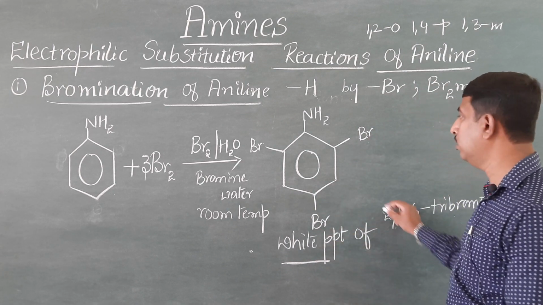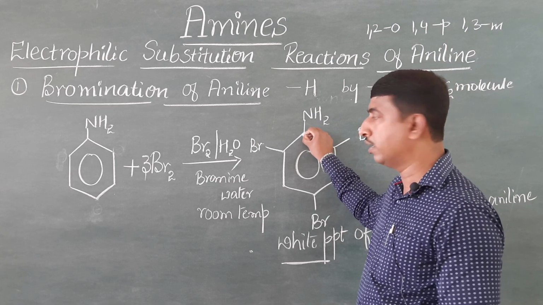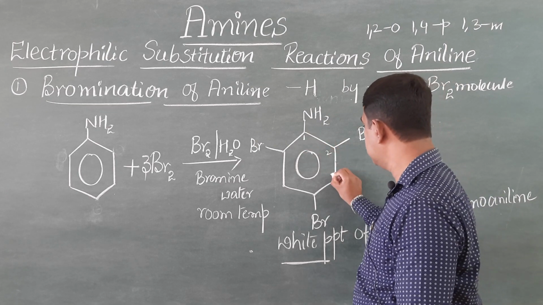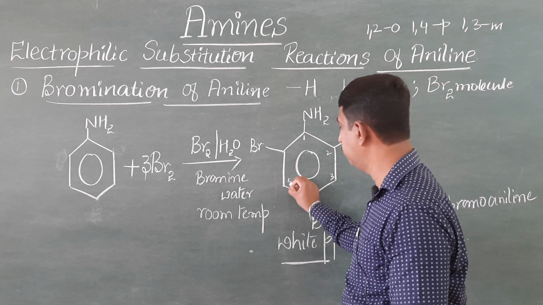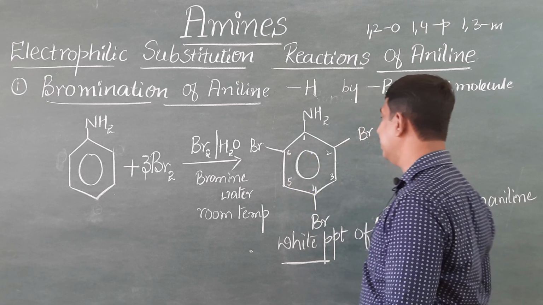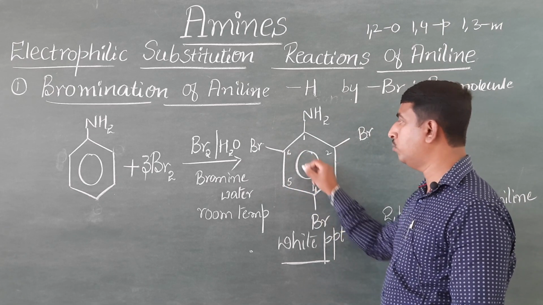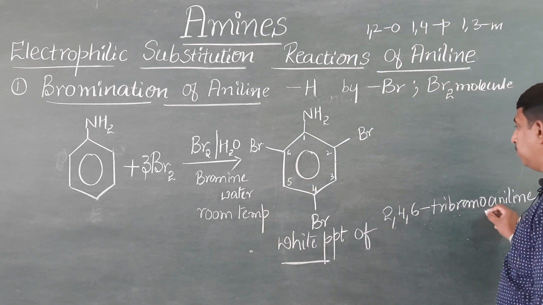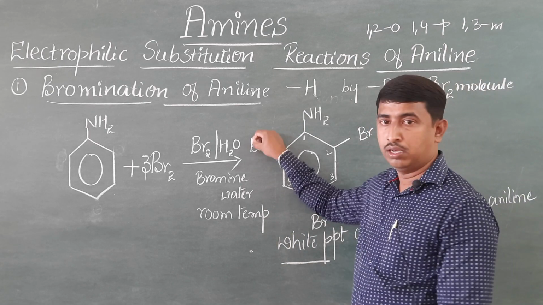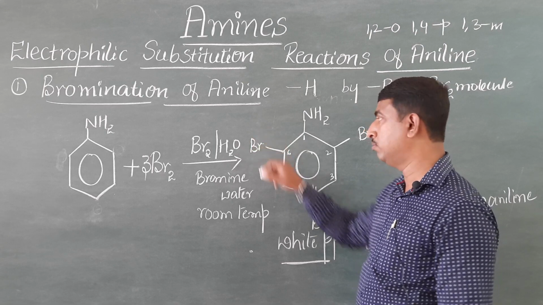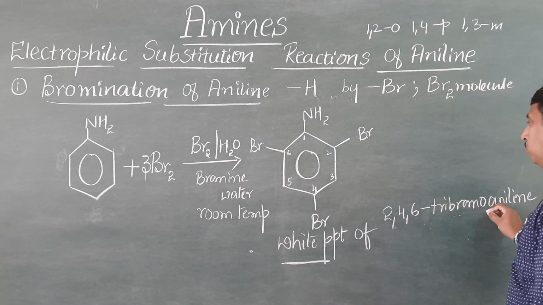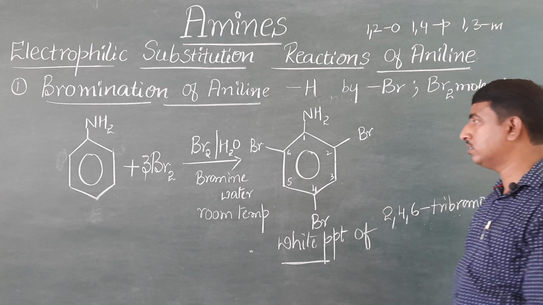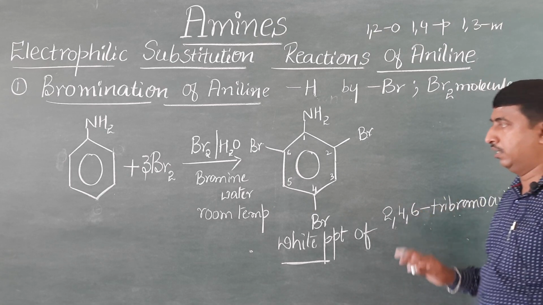This is carbon number 1, this is 2, 3, 4th, 5th, 6th. So it is 2,4,6 tribromo. There are 3 bromine atoms. So it is 2,4,6 tribromo aniline.